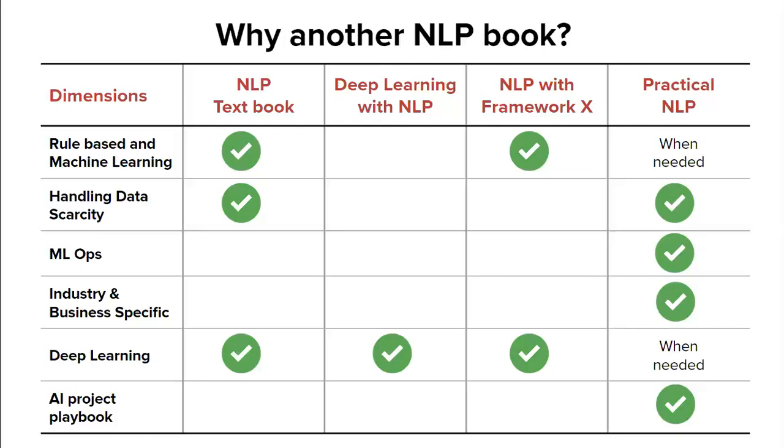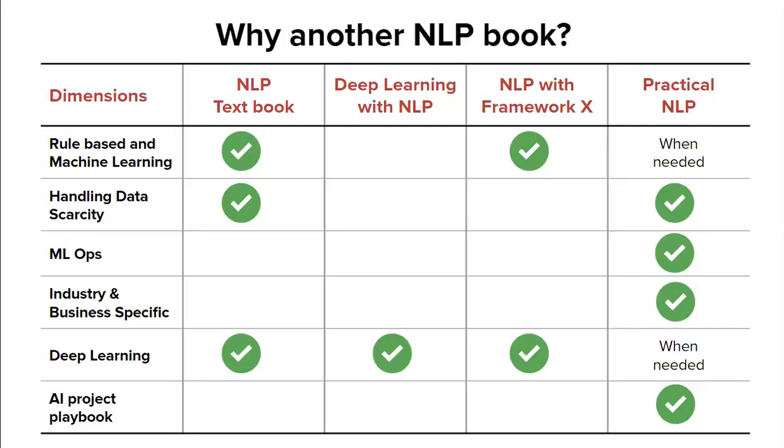Or handling data scarcity, for that matter. Data scarcity is a real thing in the industry, but typically we don't see that being discussed in existing books. However, there is something that is already seen in many other books that is also seen in our book, that is the discussion of the usage of rule-based models or machine learning or deep learning.